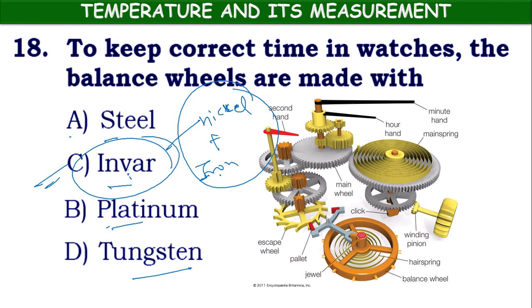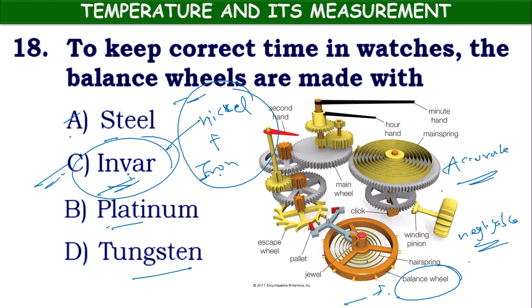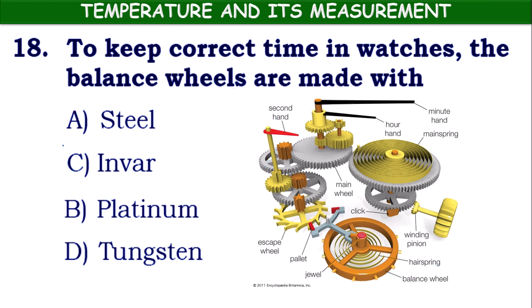Though we supply heat to this balance wheel, the expansion is very small, almost negligible. So that we can find accurate time through the watches. So the balance wheels are made with invar. Here, children, the options A, C, B, D are printed in the wrong order. Invar is the correct answer, children.